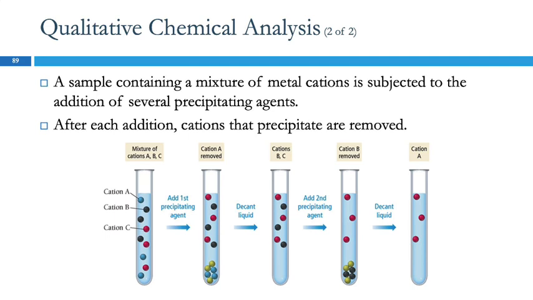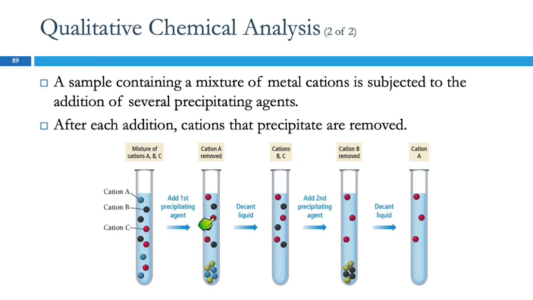So these are sometimes called qual schemes, qualitative analysis schemes. The main idea here is I've got this test tube with 3 cations in it. And so I'm going to add something that will precipitate one of them. In this case, it's going to precipitate cation A. So essentially all of cation A is now a solid at the bottom of the test tube.